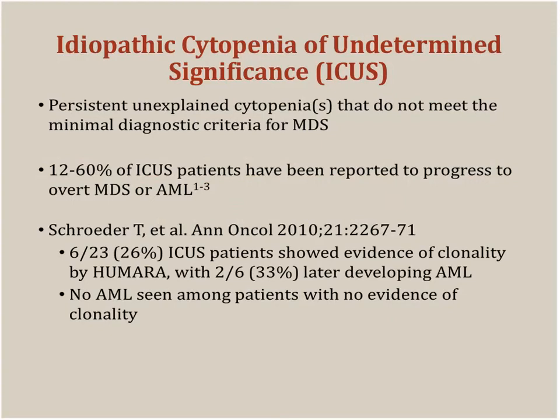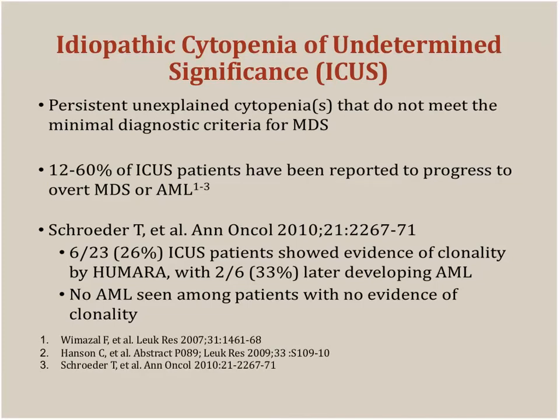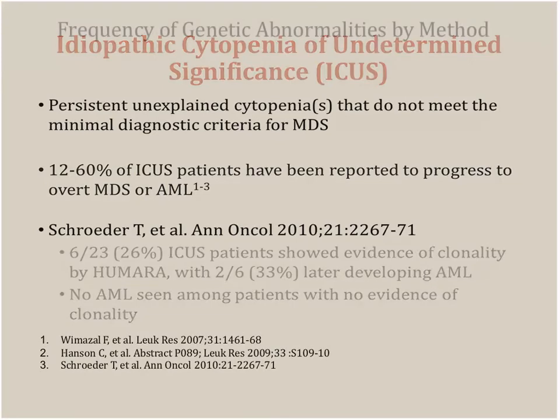In one particular study from a few years ago, about 26% of these ICUS patients showed evidence of clonality by HUMARA or X chromosome inactivation. In a small subset, some went on to develop AML, whereas it was not seen in those without the clonality. So the presence of an abnormal clone may carry significance for patients.